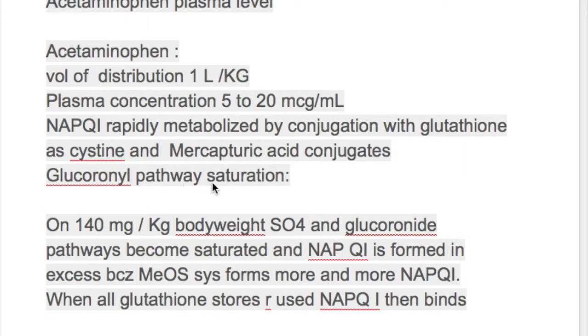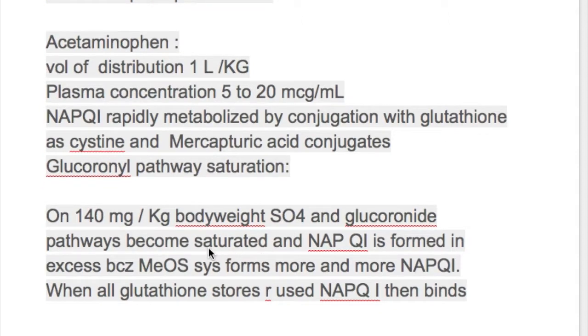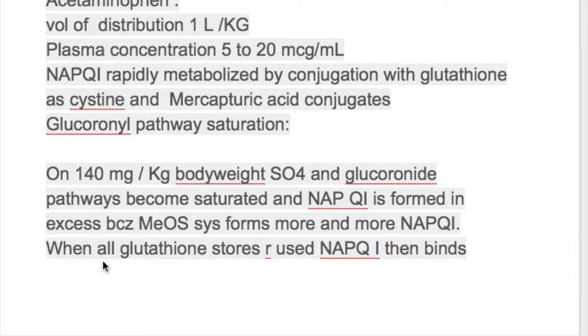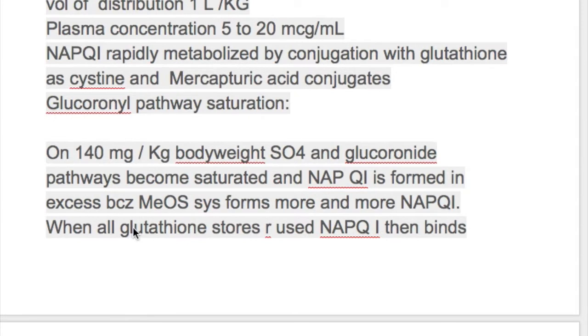The glucuronyl pathways, which are the major pathway for acetaminophen metabolism, become saturated at a level of 140 milligram per kilogram of body weight, where sulfate and glucuronide pathways become saturated and NAPQI is formed in excess because the mixed function oxidase system forms more and more NAPQI.